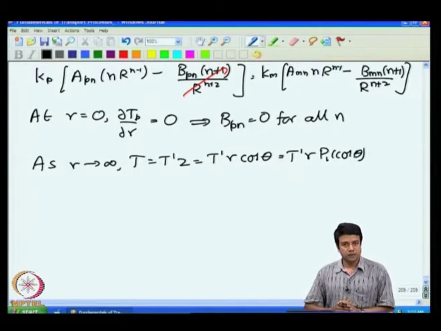If you recall, when we did the Legendre polynomial expansion, we had said that P0 of cos theta is equal to 1, P1 is equal to cos theta, P2 is equal to (3 cos squared theta minus 1) by 2, and so on. And these are all orthogonal to each other. Therefore, in the limit as r goes to infinity, the solution has to converge to T prime times r times cos theta.